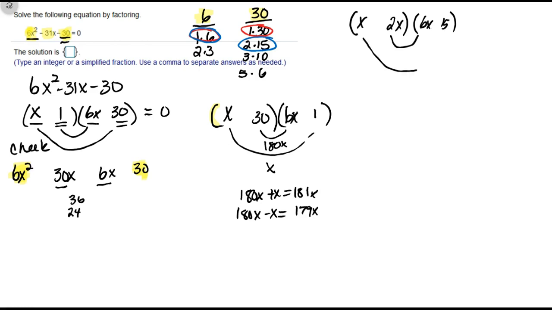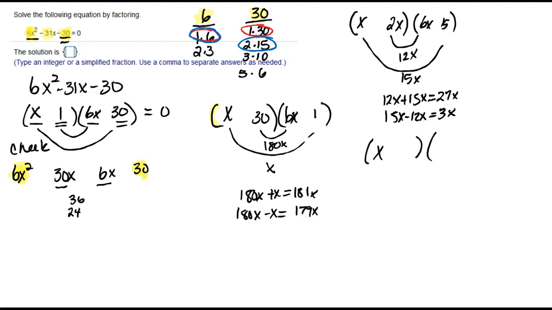Only checking the inside and the outside would give me 12x and 15x. If you add those, 12x plus 15x would give you 27x. 15x minus 12x gives you 3x. Neither one of those are the 31 that we need. Okay, so let's try another one.